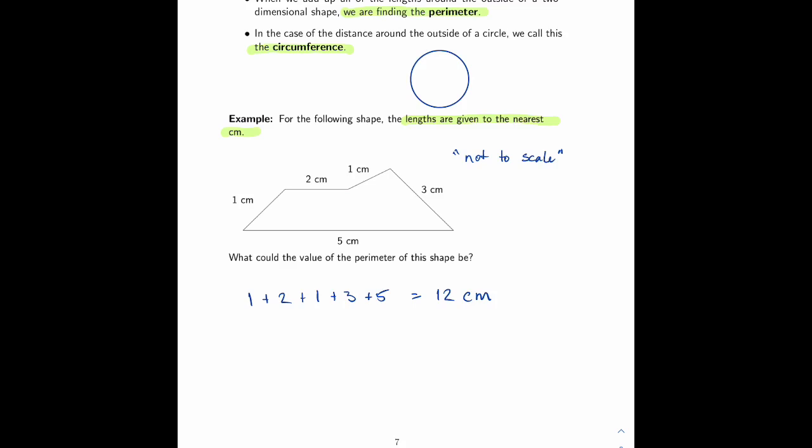However, if these were measured imprecisely with a ruler that only had centimeters, and they were done roughly on this scale, you might notice that really, this line here is not twice as long as this line here. So there's probably some imprecision coming in here. Who knows, if I went in and measured with a ruler that has millimeters, in other words, tenths of centimeters on it, I might find that, well, this is closest to 1 centimeter, but it's not that much shorter than the one marked 2.